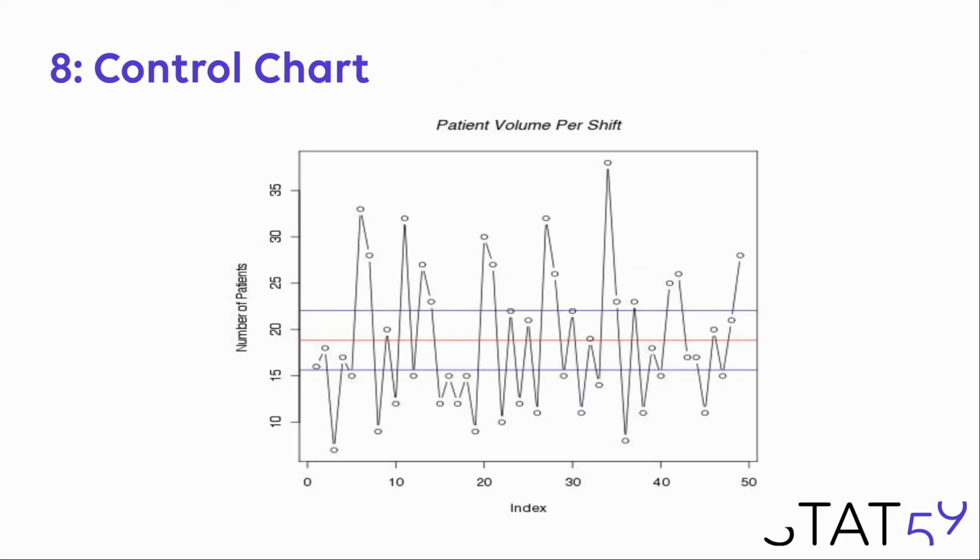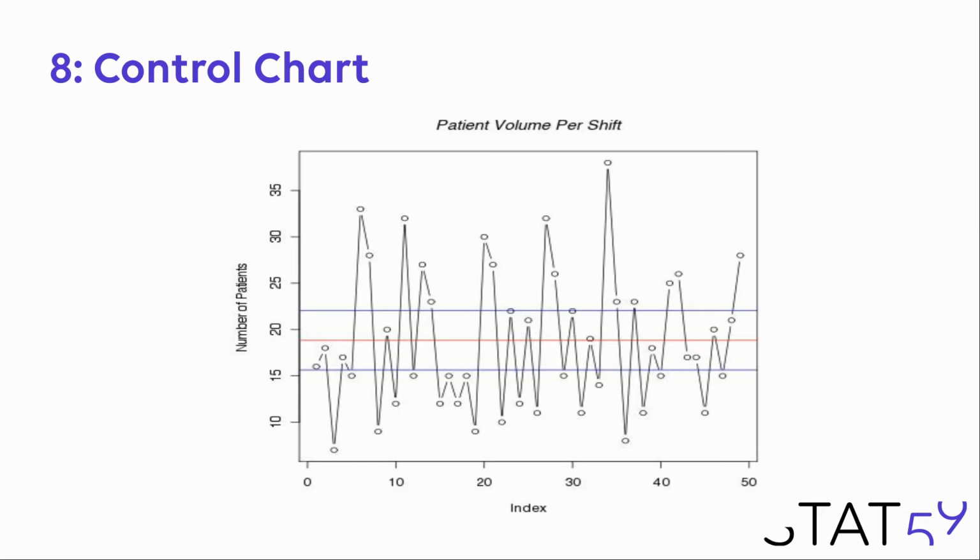Here you see the same control chart with 3 lines. So here we see the red line, and the red line is the overall mean number of patients seen per shift. And then we see the blue control lines, and these are the 95% control lines that tell us when a process is outside of statistical control.